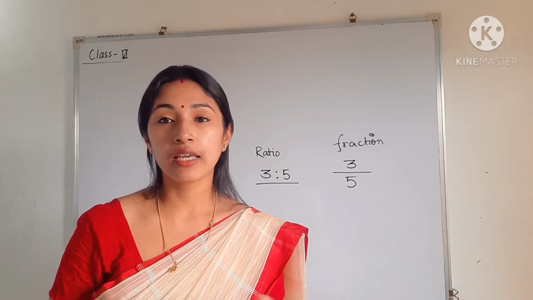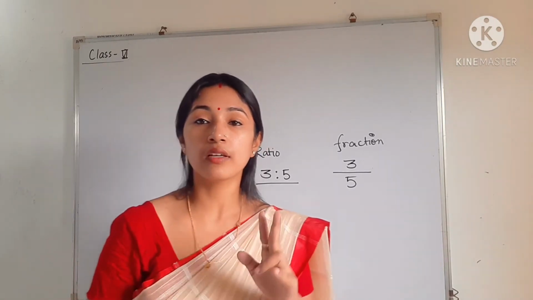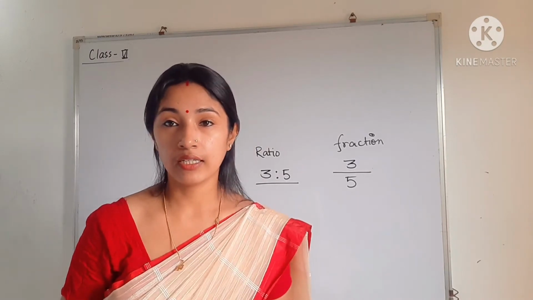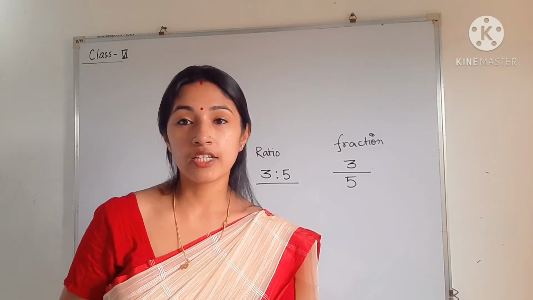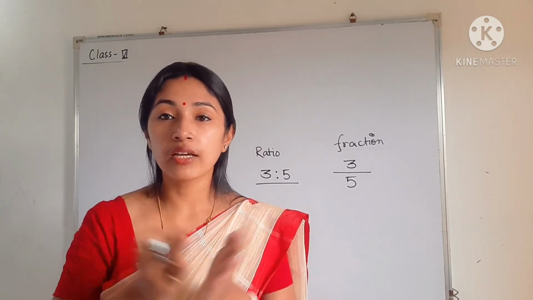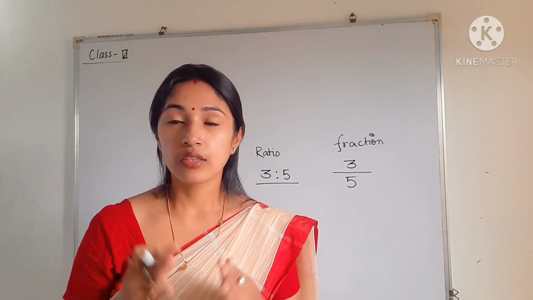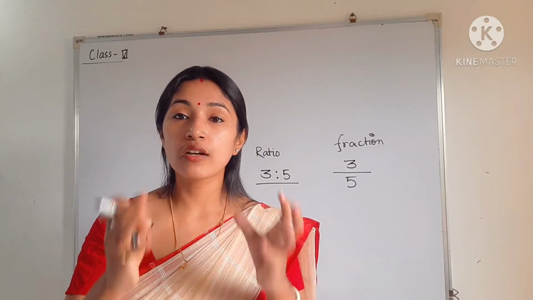I am not taking two different quantities. That means we have to compare the same kind of quantities. You cannot take Sheila's age and Leela's marks. You have to take similar things, so that we compare quantities which are similar.